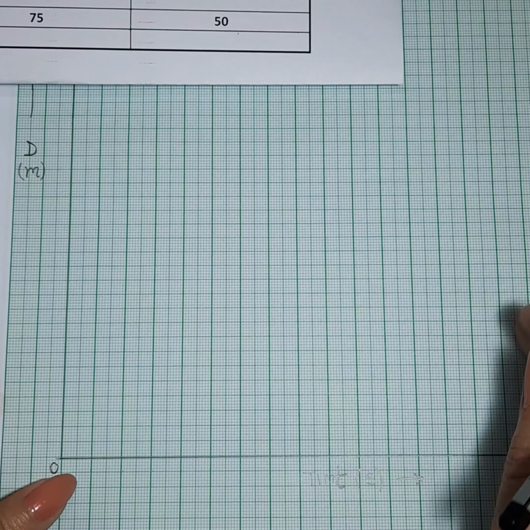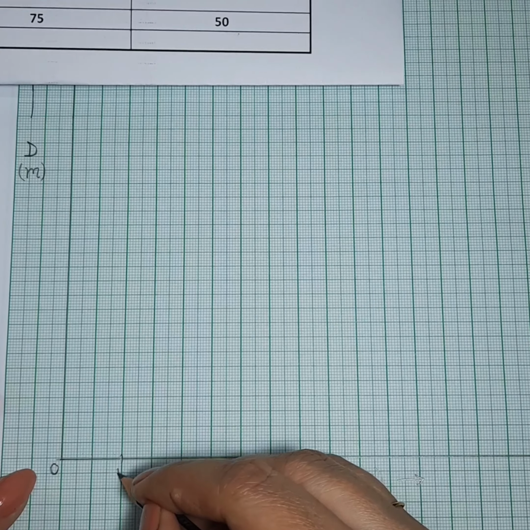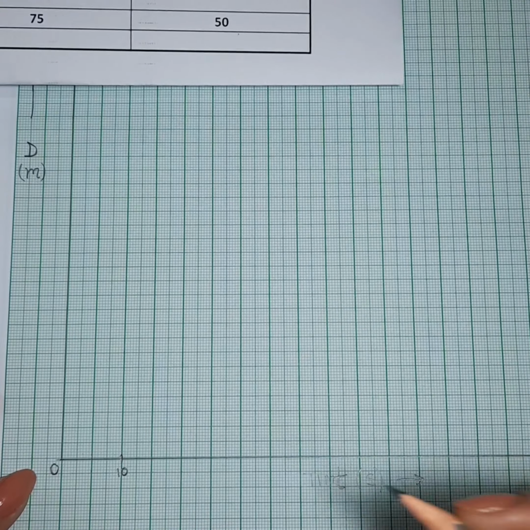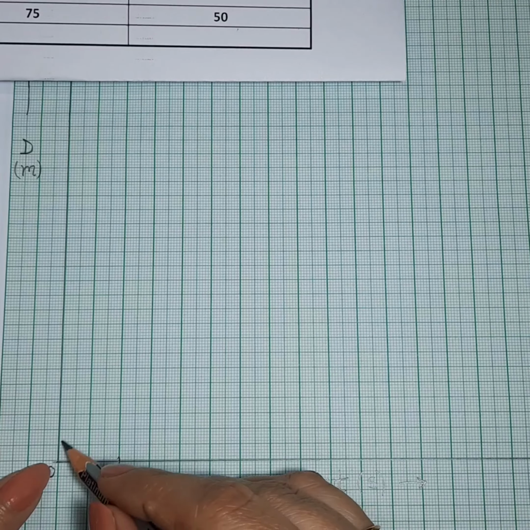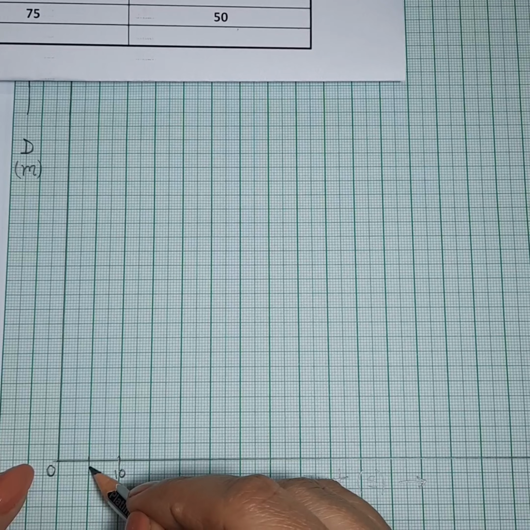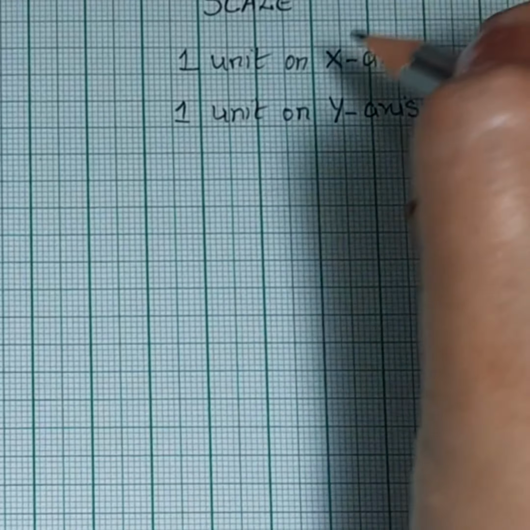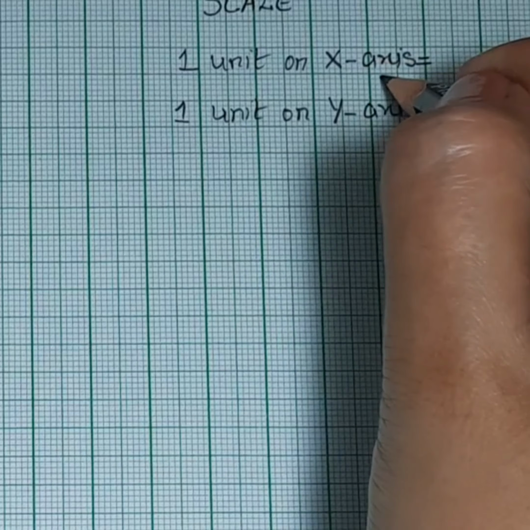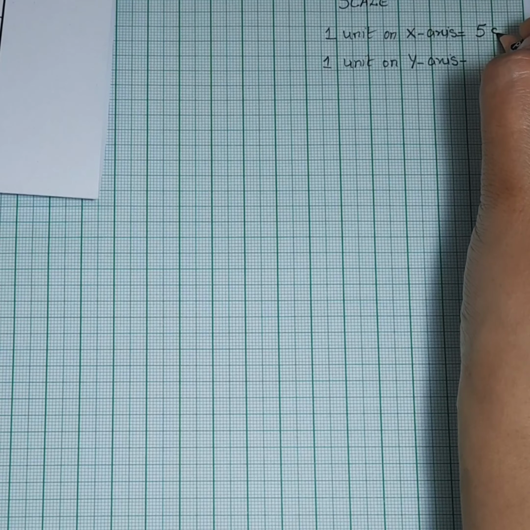So I would prefer taking two boxes as 10. So the value of one box, that is 1 unit, is 5. So here I will write 1 unit on x-axis is equal to 5 seconds.